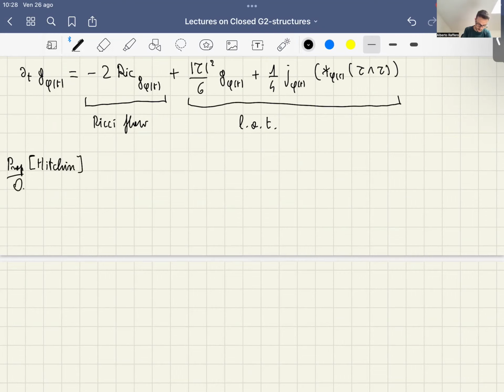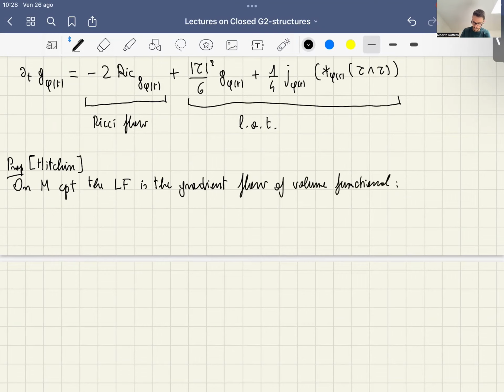So we have that on a compact manifold, the Laplacian flow is the gradient flow of the volume functional defined as follows.